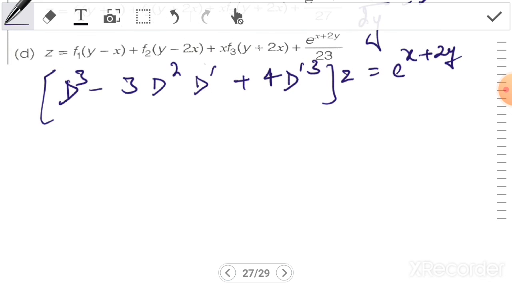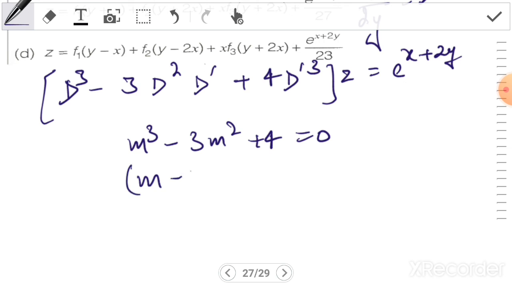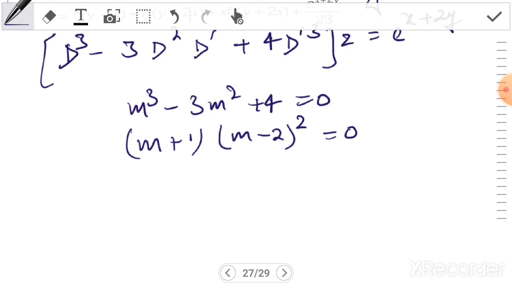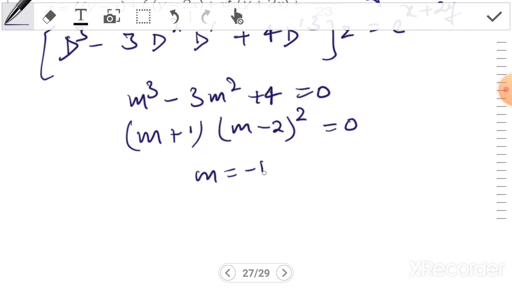Okay, now the auxiliary equation is m cube minus 3m square plus 4 is equal to 0, and factorizing we get m plus 1 times m minus 2 whole square is equal to 0. So m is equal to minus 1 and 2, with repeated root 2.